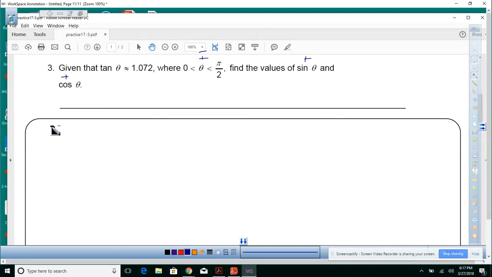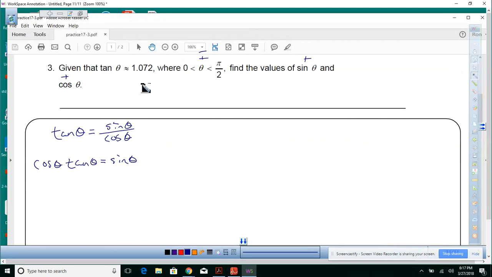Quadrant 1, they're both positive. So we got, remember, tangent theta equals sine theta divided by cosine theta. So we're going to multiply both sides by cosine theta, and we get cosine theta times tangent theta equals sine theta.